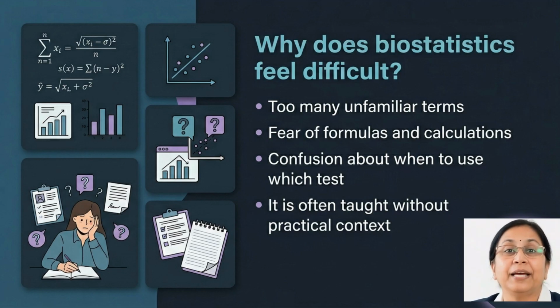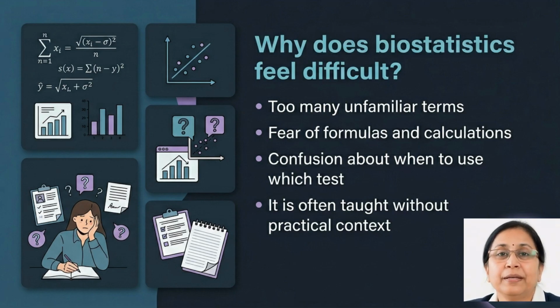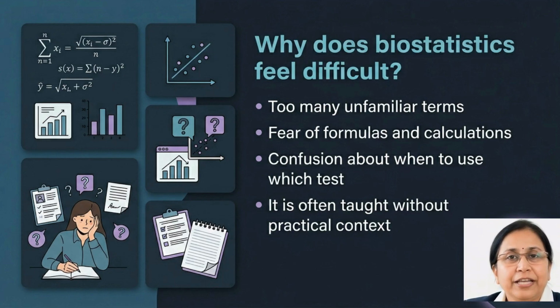That is why many learners start memorizing words like p-value, standard deviation, chi-square, or ANOVA without understanding where these ideas actually fit. And when learning starts like that, the subject naturally feels heavy and stressful.